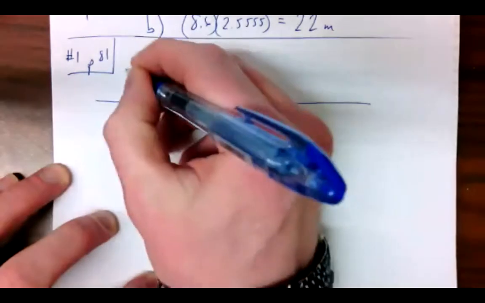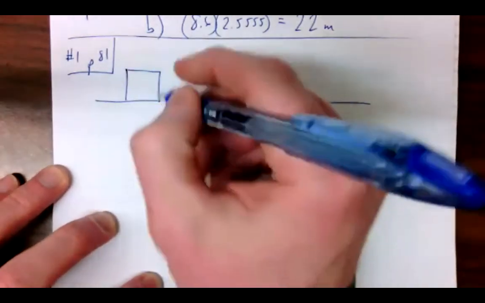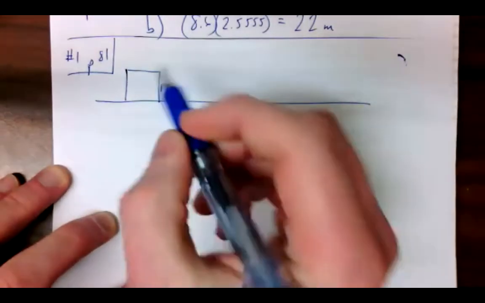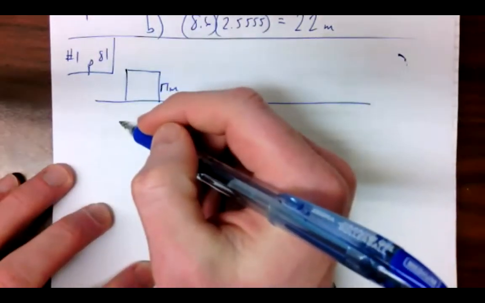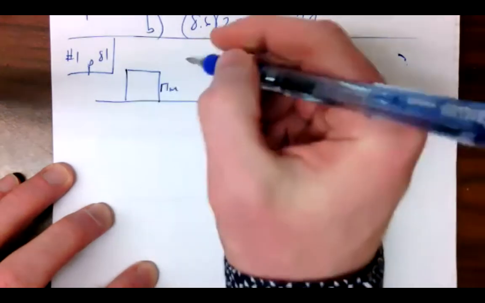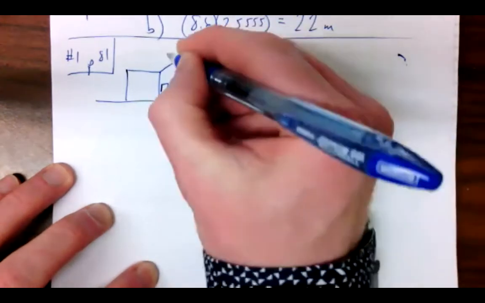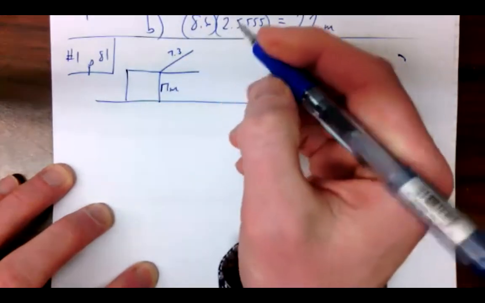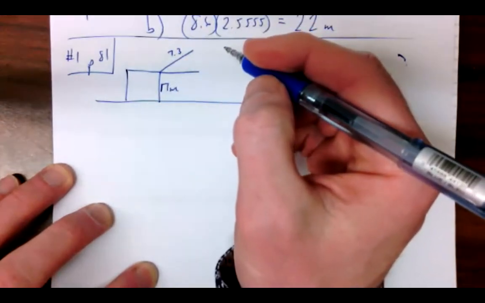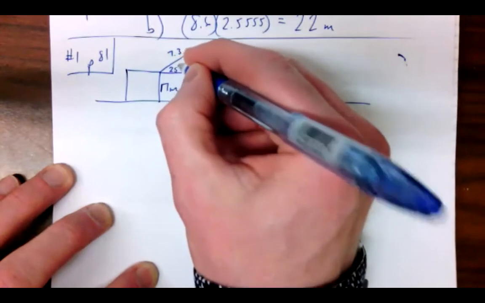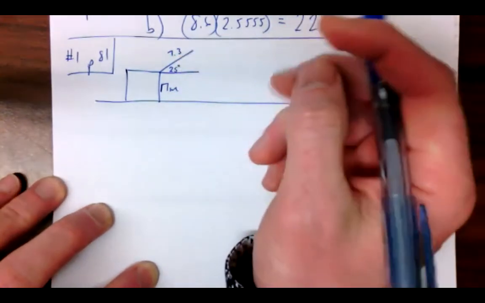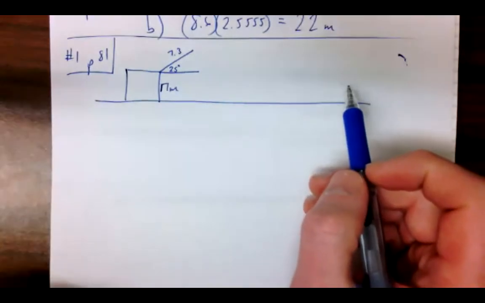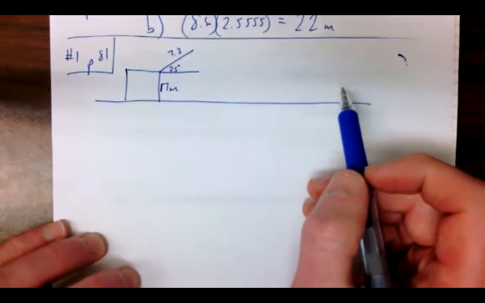So this building is 17 meters high, 7.3 meters per second at an angle of 25 degrees. How far will he travel horizontally, and what is the final velocity?